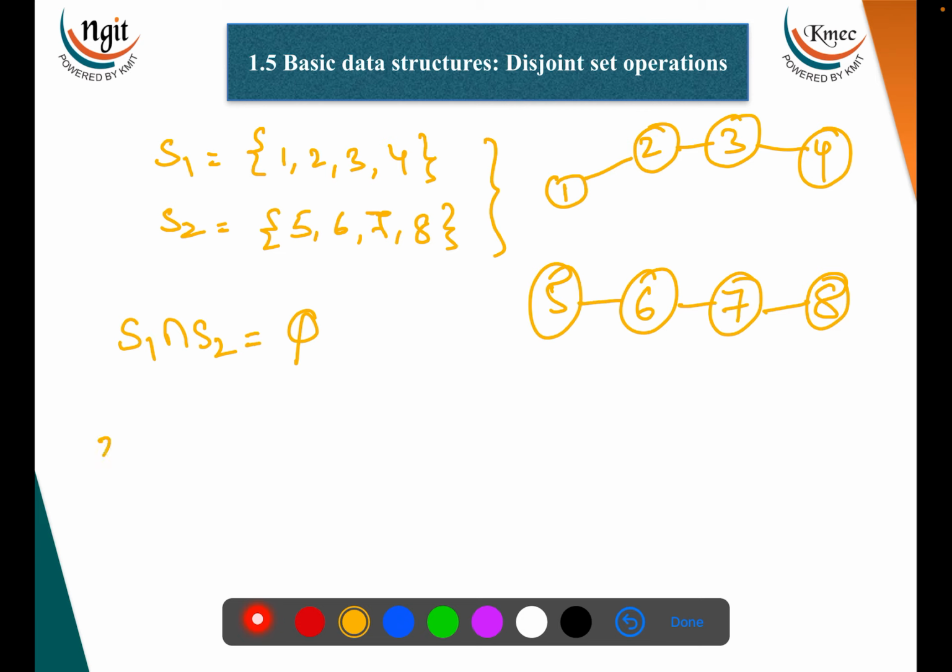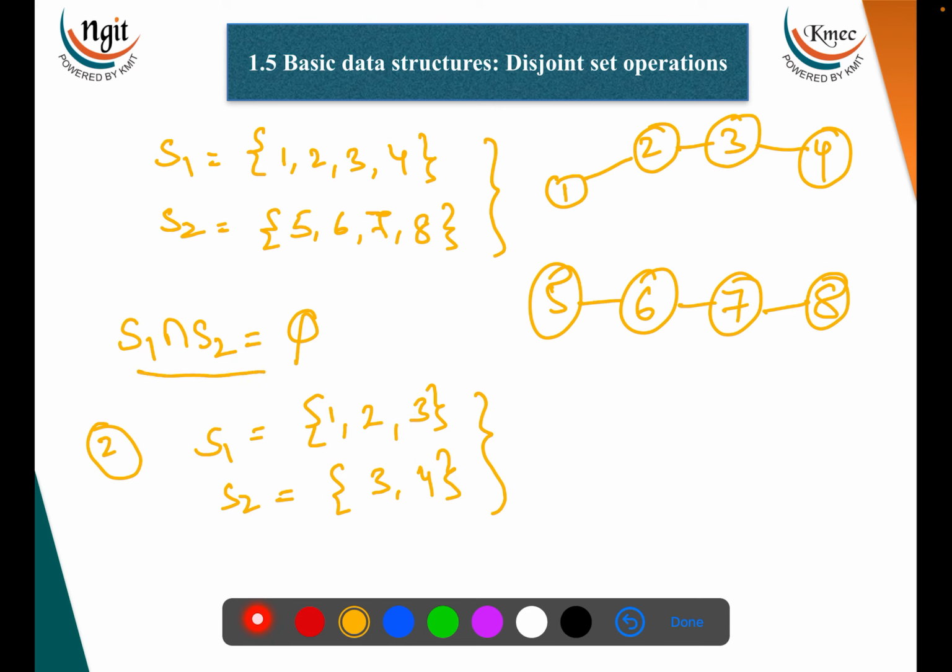Now, I'll give another example. The second example: S1 is equal to {1, 2, 3} and S2 is equal to {3, 4}. The question is, check whether these two sets are disjoint or not. The answer: you have to find S1 intersection S2, which should be phi. If it is not phi, the sets are not disjoint.